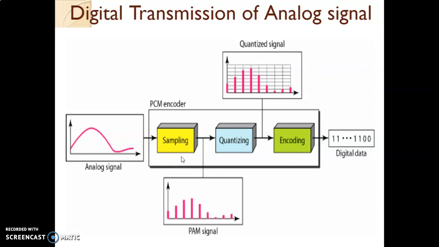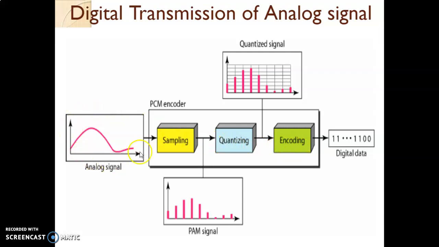We have already discussed the types of sampling, that is ideal sampling, natural sampling, and flat top sampling. We have also seen pulse amplitude modulation, which is nothing but sampling. The second step in the conversion is quantization, or quantizing, which we will look at now. And another step is encoding.